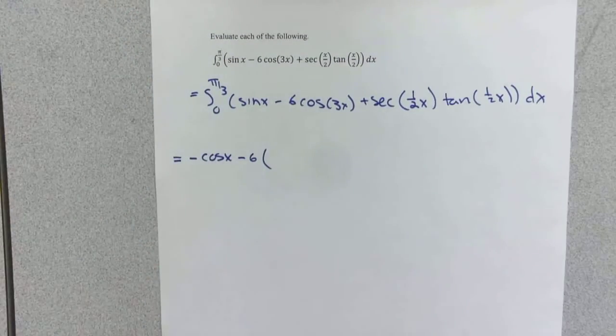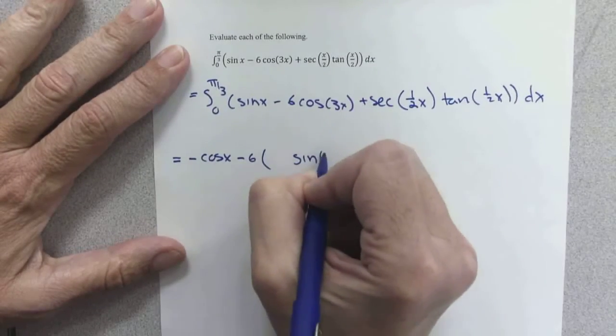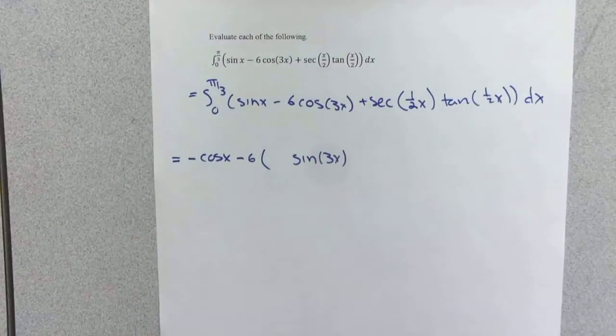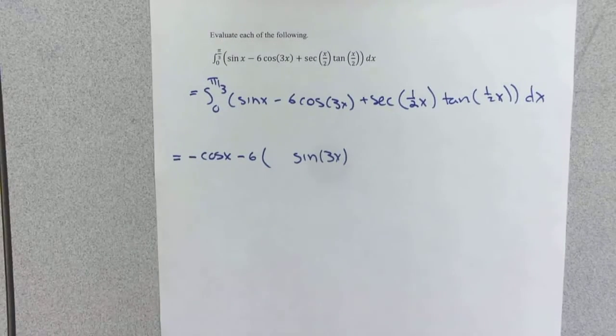And then the same question I ask myself, what has a derivative of cosine 3x? Well, that's going to be sine 3x with, remember, the effect of that 3. Now, if I was differentiating, the chain rule would have me multiply by that 3.